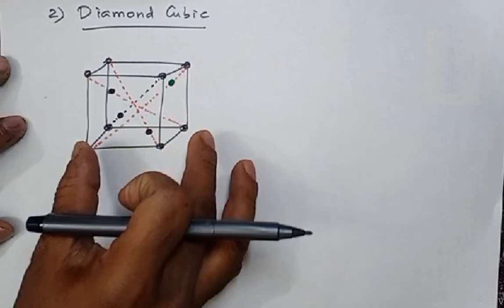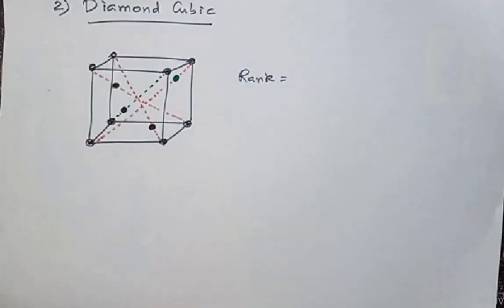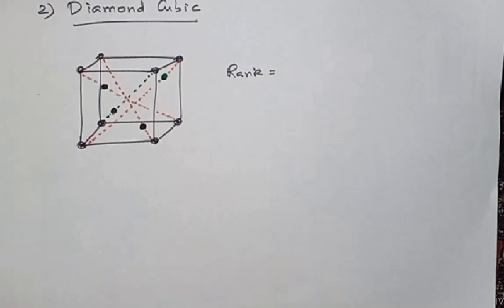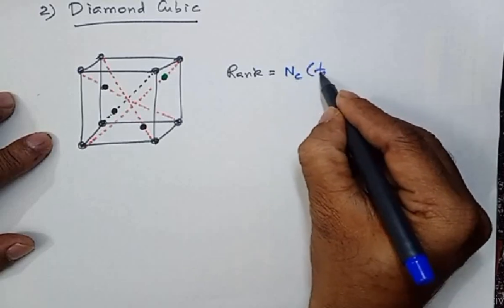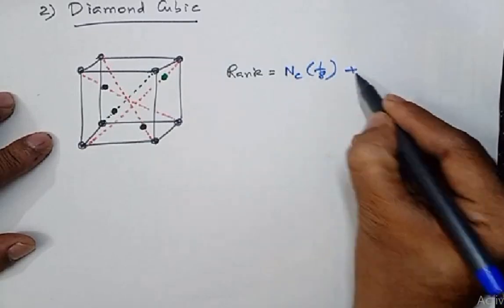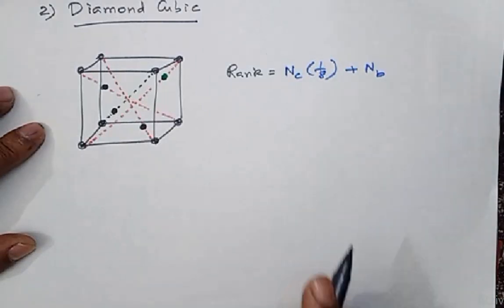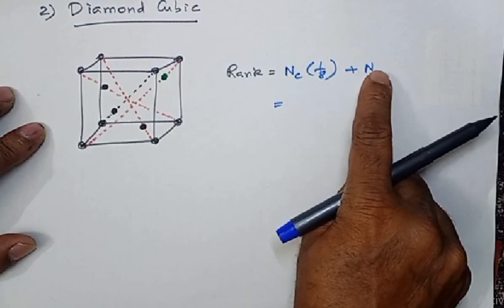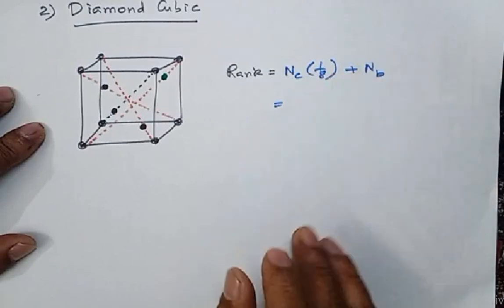Listen carefully. This is diamond cubic. In diamond cubic, what is the rank, the number of atoms per unit cell? Listen. We have 8 corner atoms, and each corner atom is shared by 8 unit cells. So I'll put the formula: NC into 1 by 8, plus the number of body center atoms. They are not center actually; I am just writing this as body center atoms, but they are inside the body.